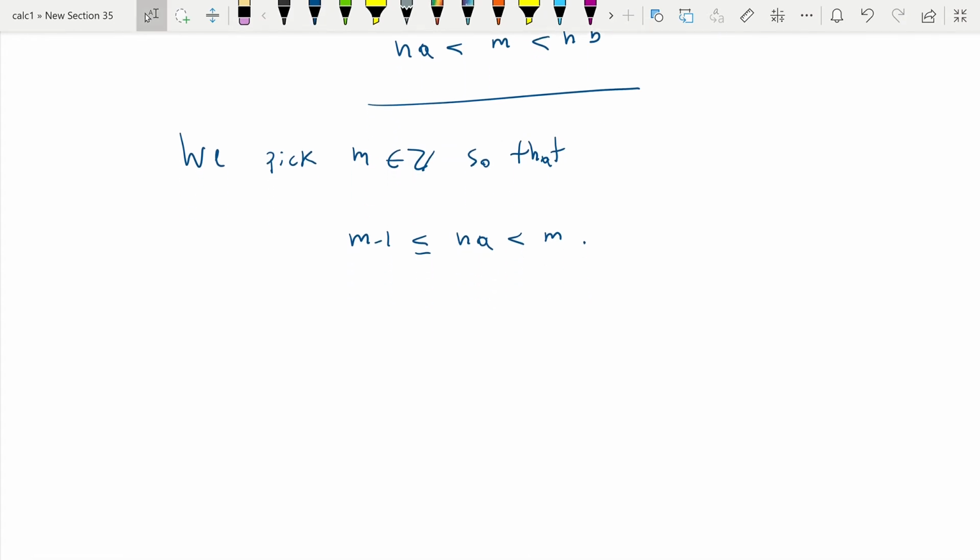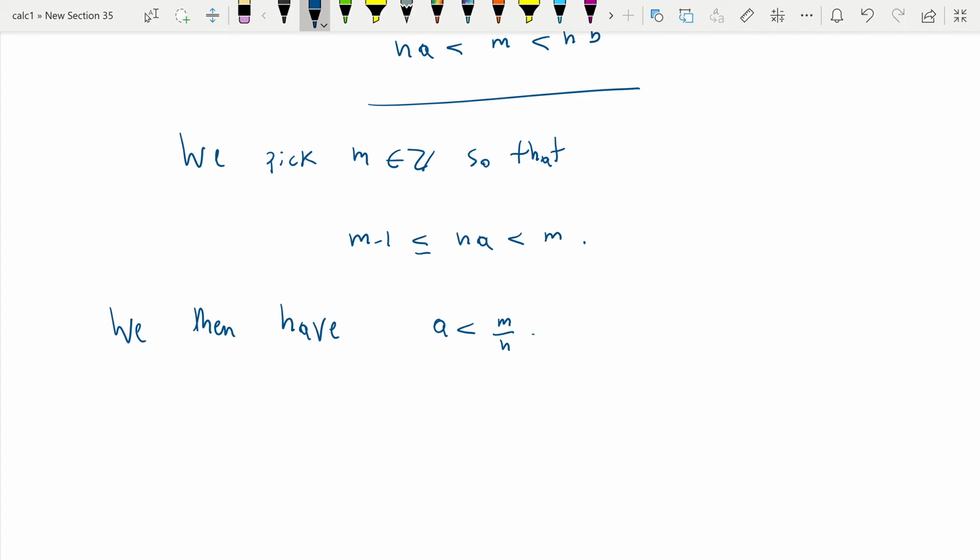Now, let's notice here that if we look at this inequality and we divide by n on both sides, we get that a is smaller than m over n.